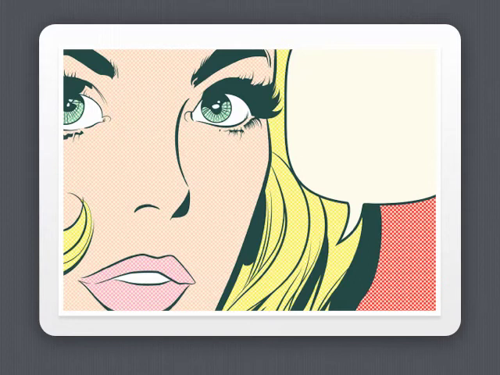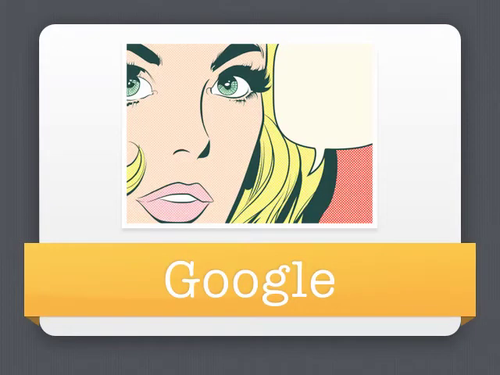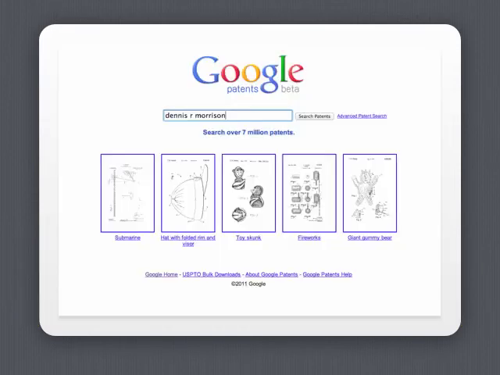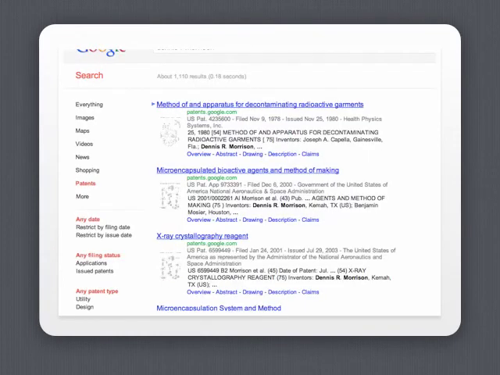So then I'm thinking, well, if I do a Google search, how's that going to go? So we're going to search Google Patents and search for Dennis Morrison. And here I found 1,110 results. Again, there's the method and apparatus for decontaminating radioactive garments, which would be a utility patent.